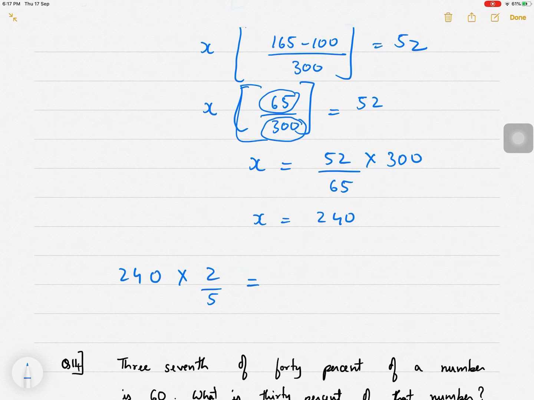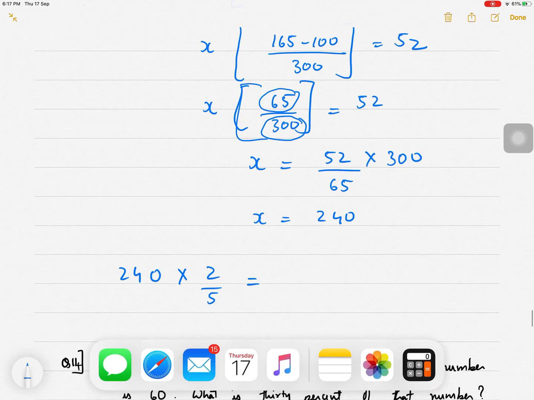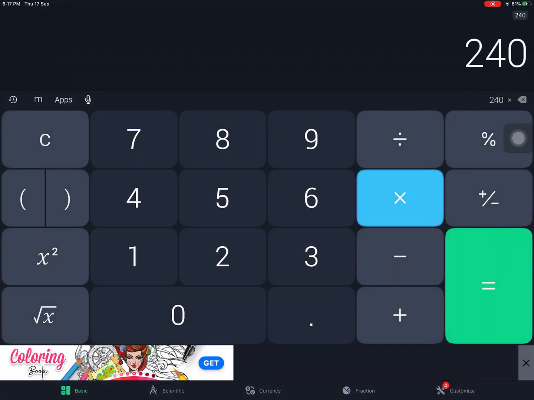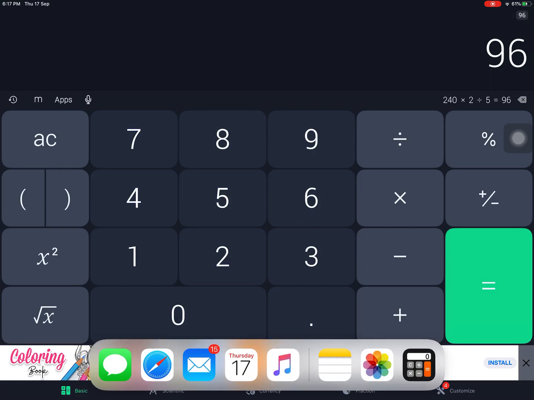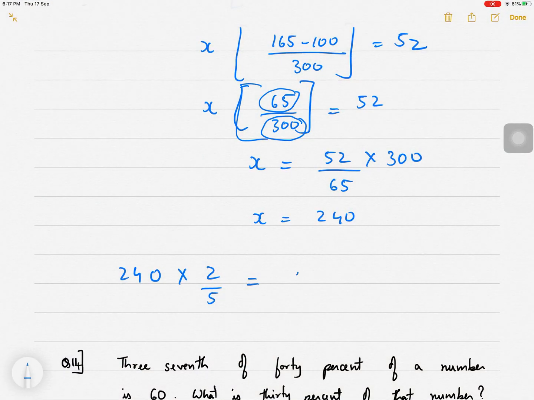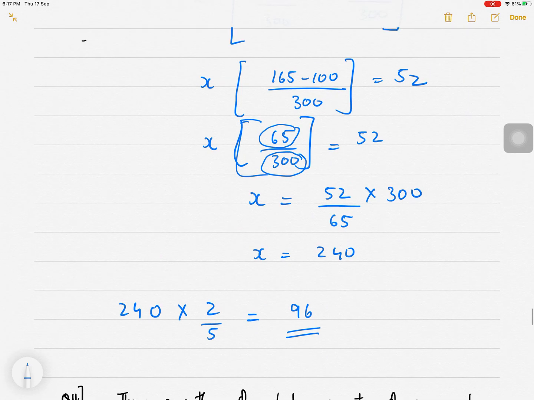How much is 240 into 2 by 5? It comes to 96. So 96. Got it?